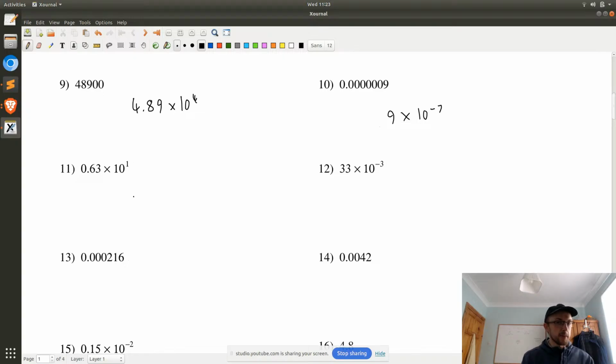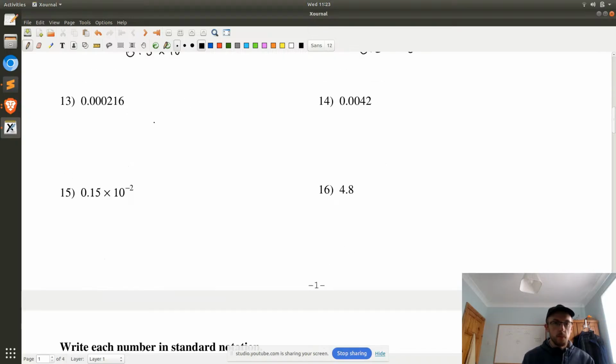Make this 10 times smaller. This one 10 times smaller. And so this one 10 times bigger. Ten times bigger, 10 times smaller.